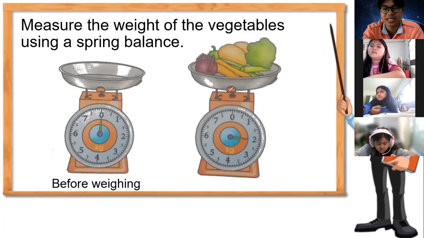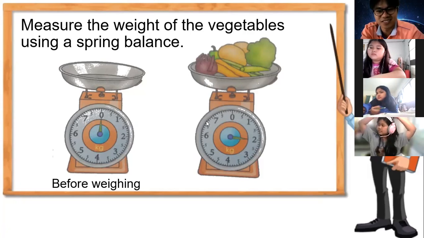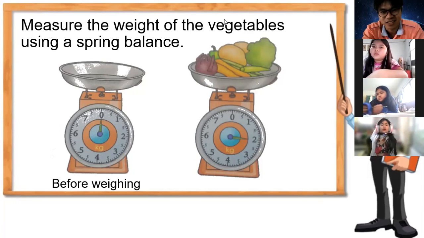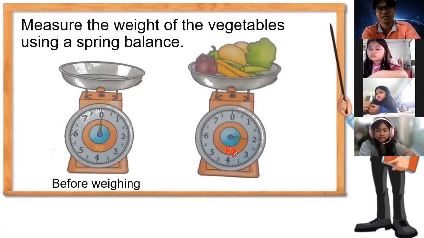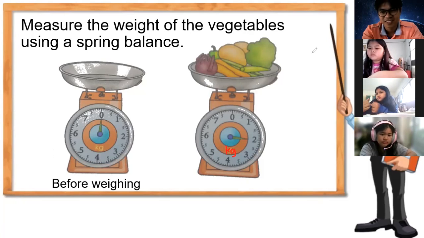So now, what is the mass of the vegetables, or what is the weight of the vegetables? Can you see it clearly? This is in kilograms, kg.